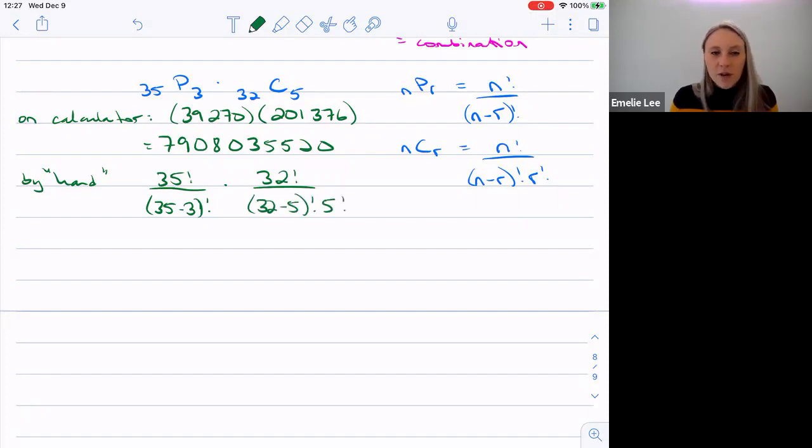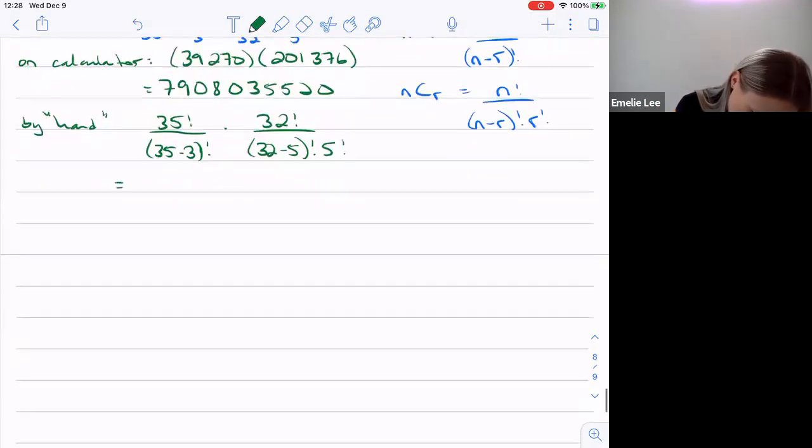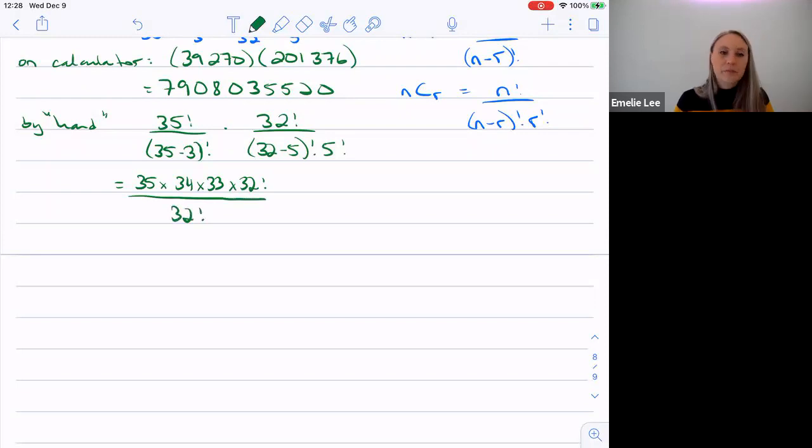Remember how to do these factorials if you have to do them by hand. I say by hand because I'm probably going to end up doing 35 times 34 times 33 on my calculator, right? So it's by hand, but not necessarily completely. So that's 35 times 34 times 33 times 32 factorial over 32 factorial.